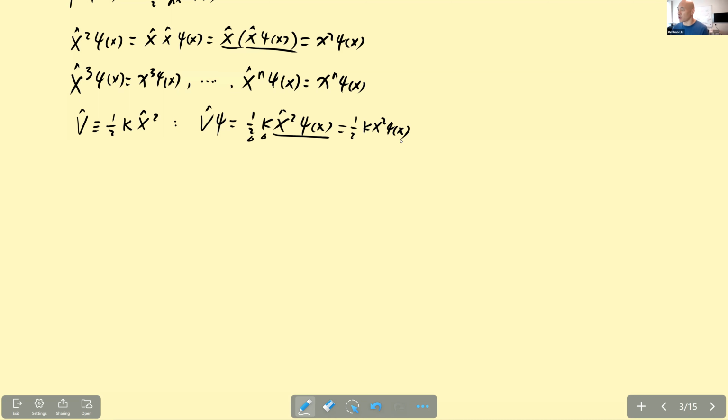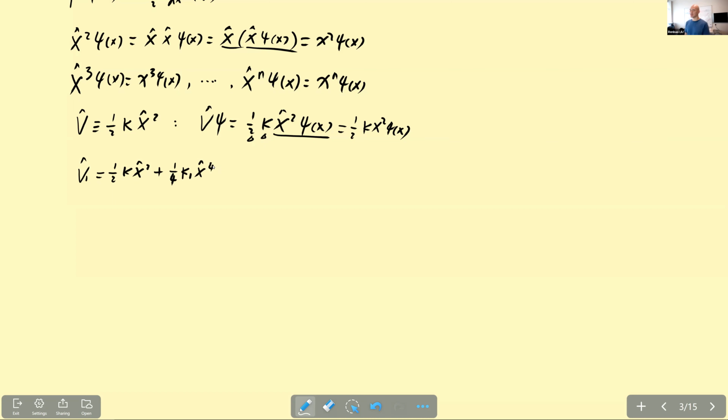You can even have a more complex one. You can have, for example, let's say another one, V1. That can be written as 1/2 k x squared plus 1/4 k1 x to the fourth power.